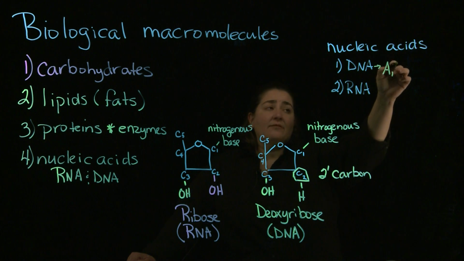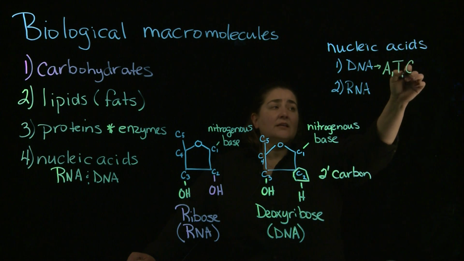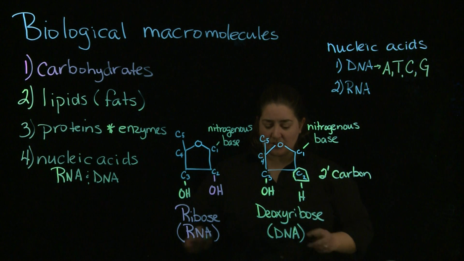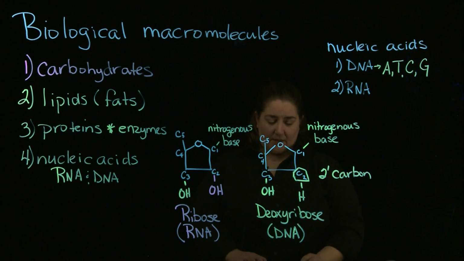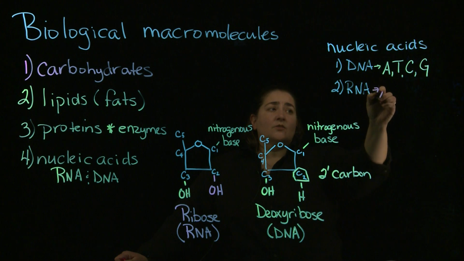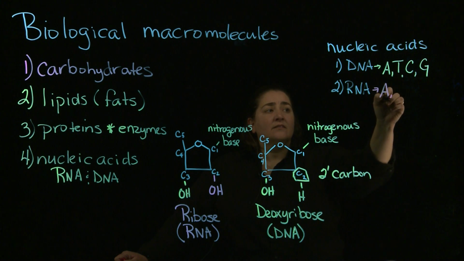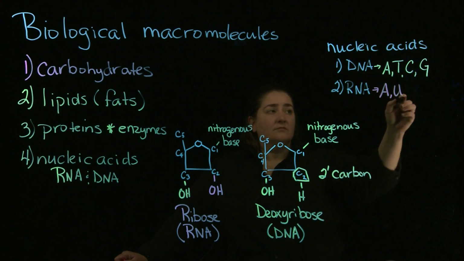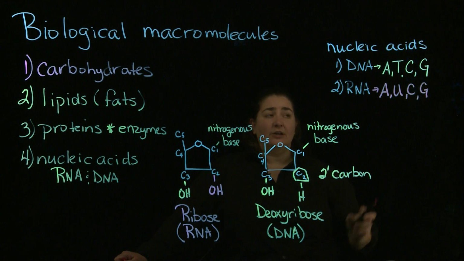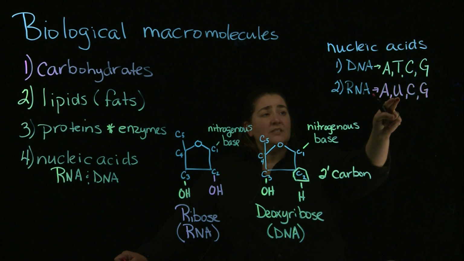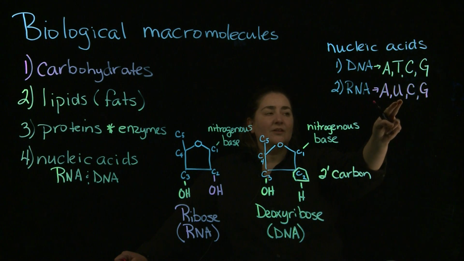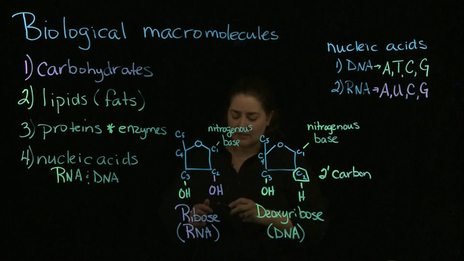DNA is going to have adenine, thymine, cytosine, and guanine attached to it. RNA is going to have adenine, uracil, cytosine, and guanine. So the difference is that DNA has a thymine associated with it, and RNA has a uracil.